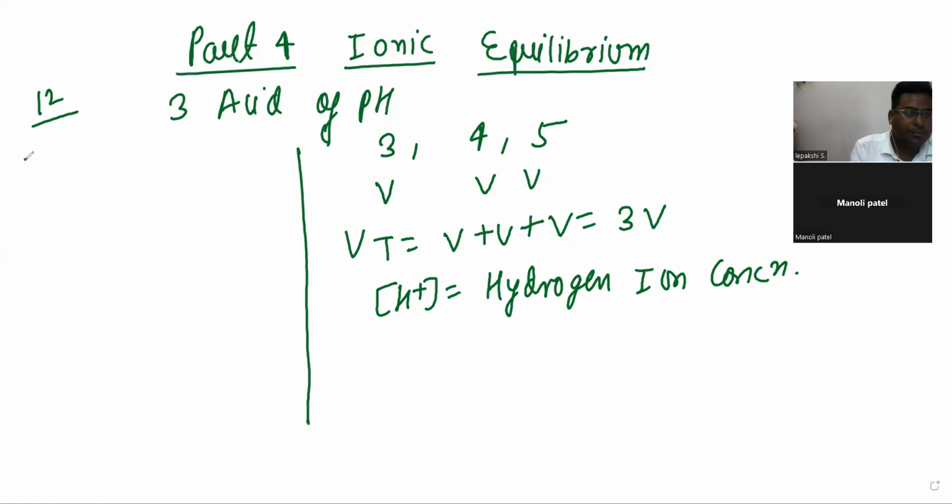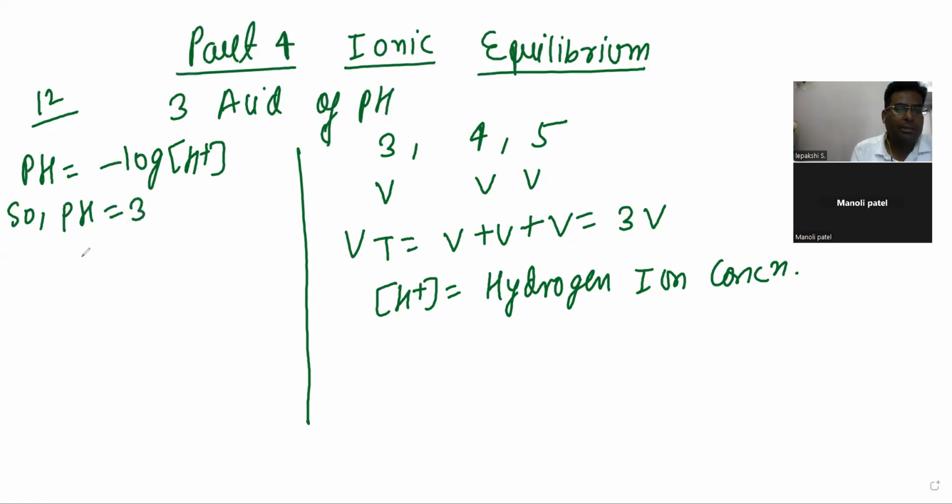As we know, pH is equal to minus log of H plus ion concentration, right? So for pH equal to 3, write here pH in the formula. pH 3 is equal to minus log of H plus ion concentration. Here I will explain for the first.